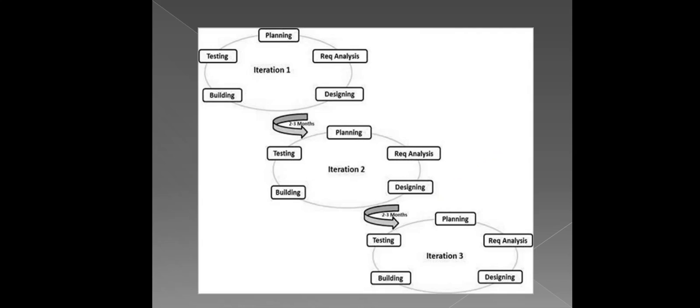On the feedback of the customer, we decide what improvements or what areas are to be addressed in the next iteration. So all those phases, like planning, requirement analysis, designing, building, and testing, are then repeated, and an incremental build or incremental product is delivered again to the customer. This process goes on and on until the customer is satisfied with our product.